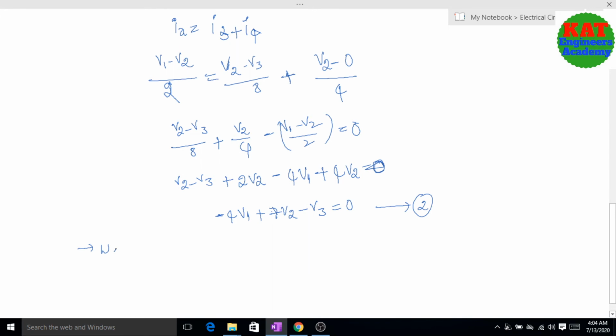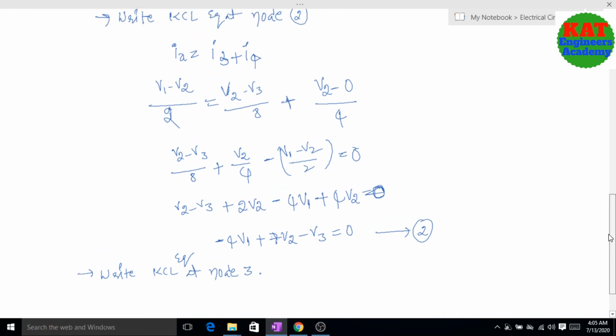Next, write the KCL equation at node 3. Again you go to node 3. What currents are we having? Based on the assumed current directions, you have to write the KCL equation.